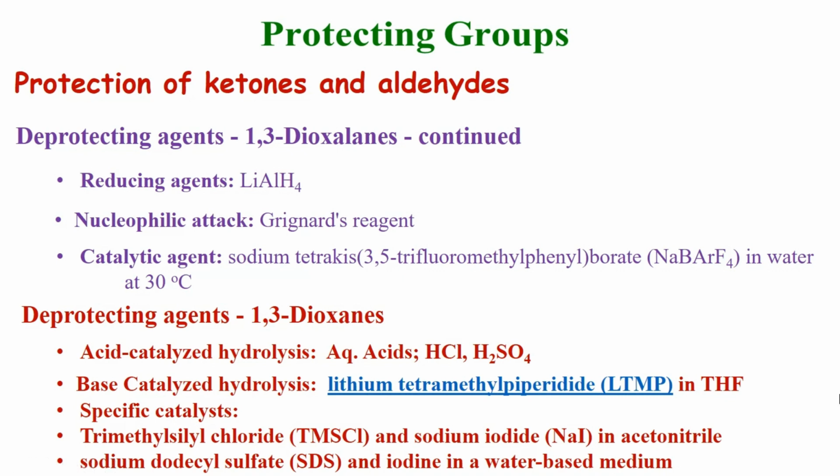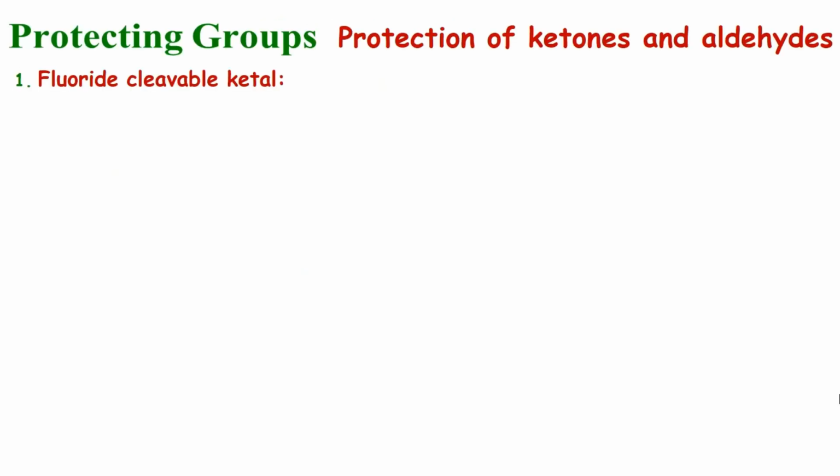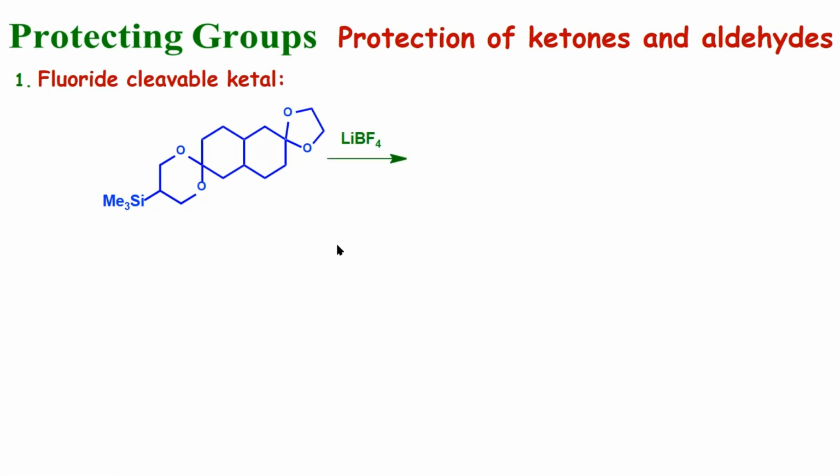The aldehydes and ketones can also be protected in other forms. Before going to that, let us look into the cleavage of the ketals. If I have 1,3-dioxolane and 1,3-dioxane as shown in this molecule, I can use lithium tetrafluoroborate and I can cleave the dioxane in the presence of dioxolane.